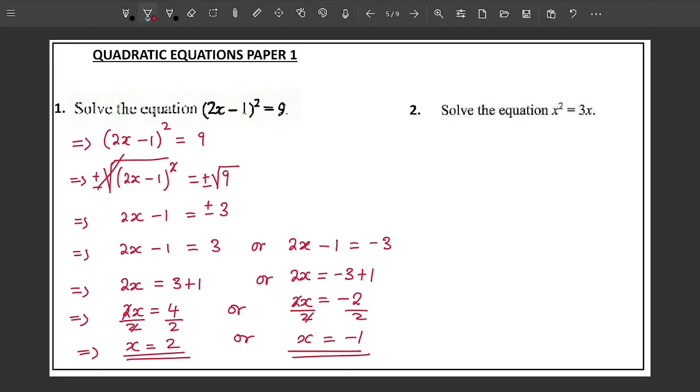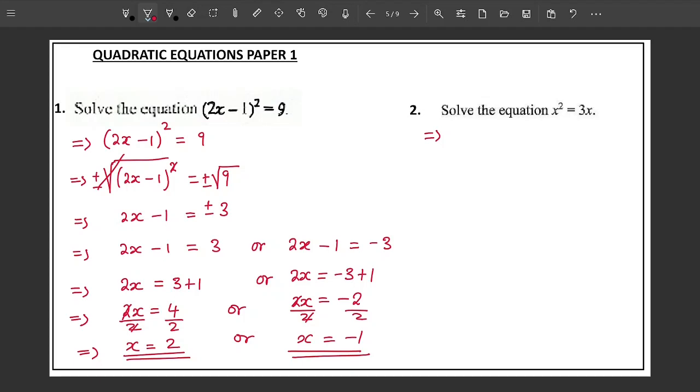So let's solve question 2. Solve the equation x squared is equal to 3x.